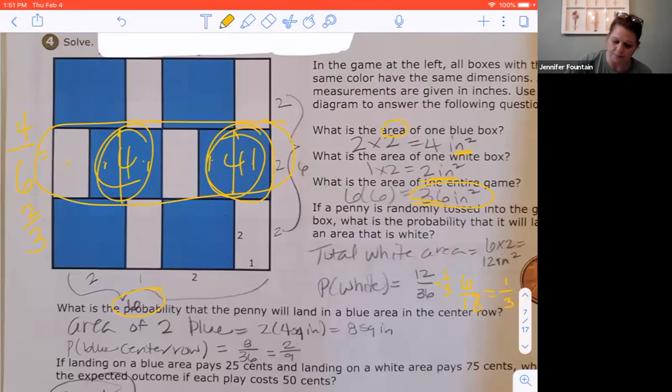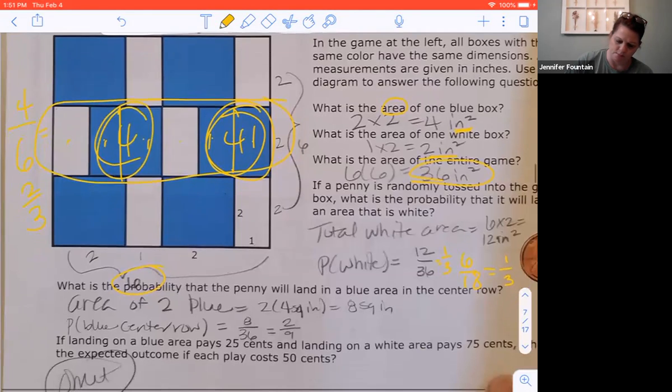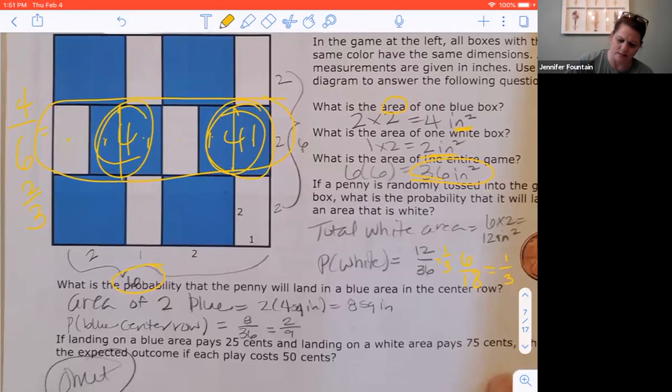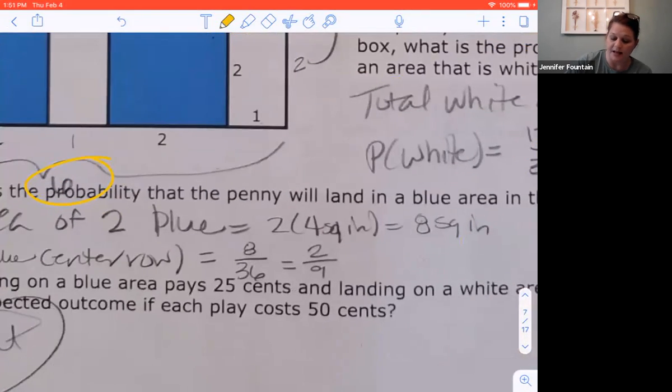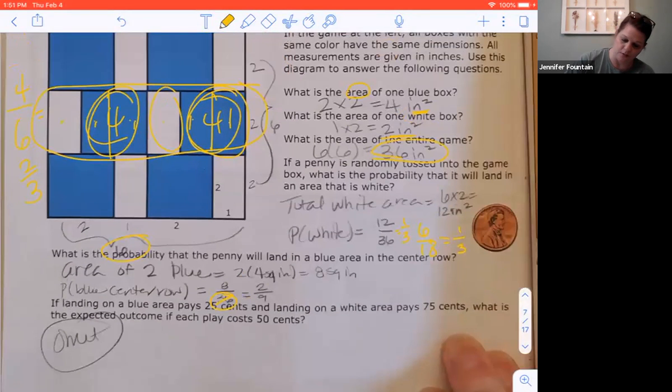This is 4. So that's 8. And then, well, I think what I did is instead I took 8, I did 36 there, and it should have been out of, that would be what, 2 and 2. So it actually should have been 8, 9, 10, 11, 12. So it should have been 8 out of 12, which is the same as 4 out of 6. So that's a mistake that I've got right there.